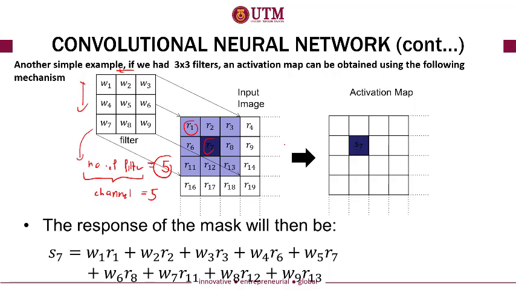So you will end up ignoring the pixels belonging to this border, because you cannot proceed at this point, as it will go out of the boundary. That's why if you have a filter of 3 times 3, you start here, because that makes sure that everything fits at this point.